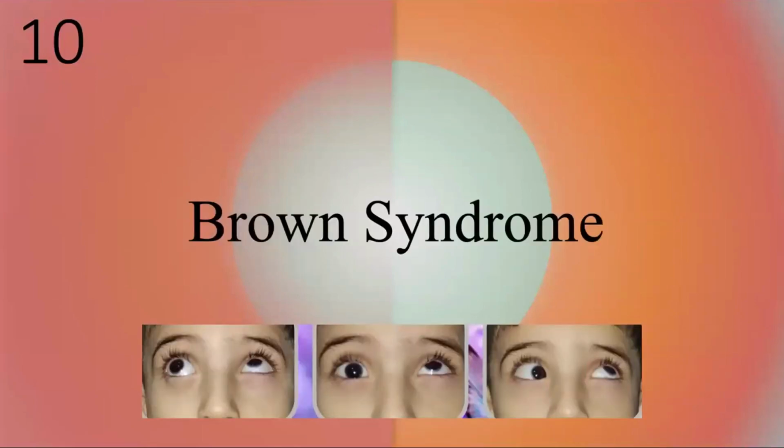Coming to Brown syndrome, and just to refresh you about the Brown syndrome, patients with Brown syndrome usually have a problem in the superior oblique muscle. It is either short tendon or thick tendon, so the eye is not going upward. So those patients will have limitation of elevation on adduction, and almost normal elevation on abduction.